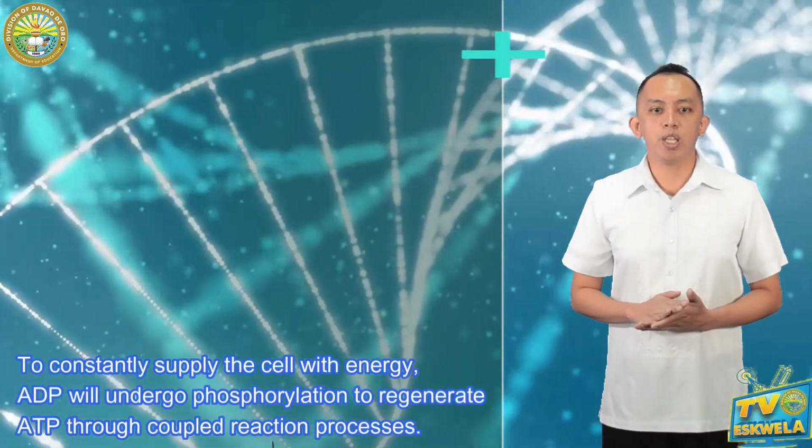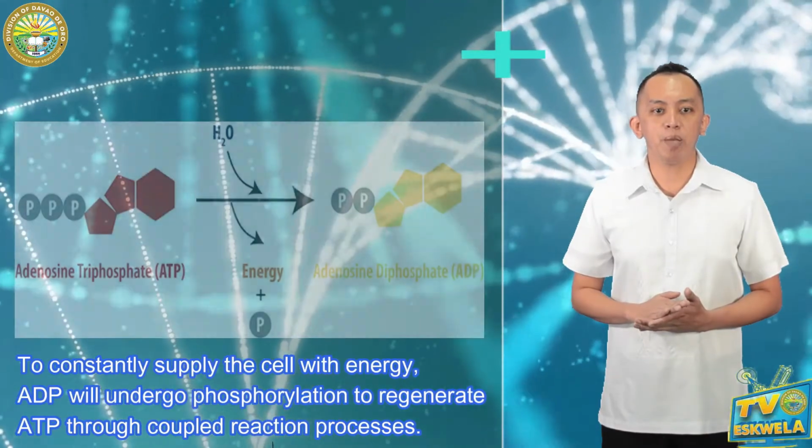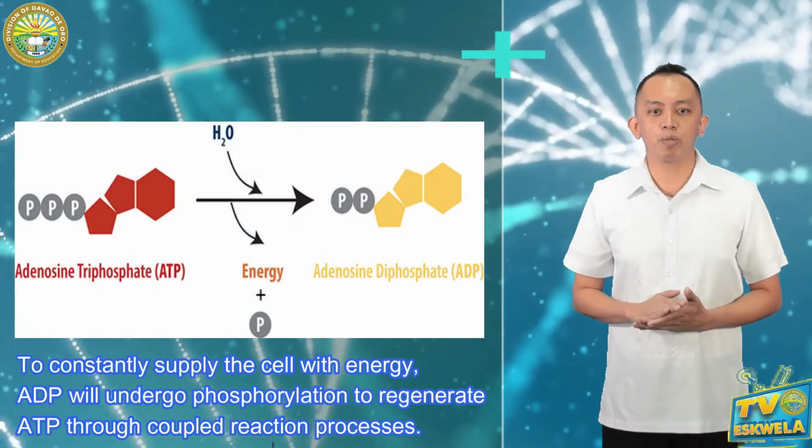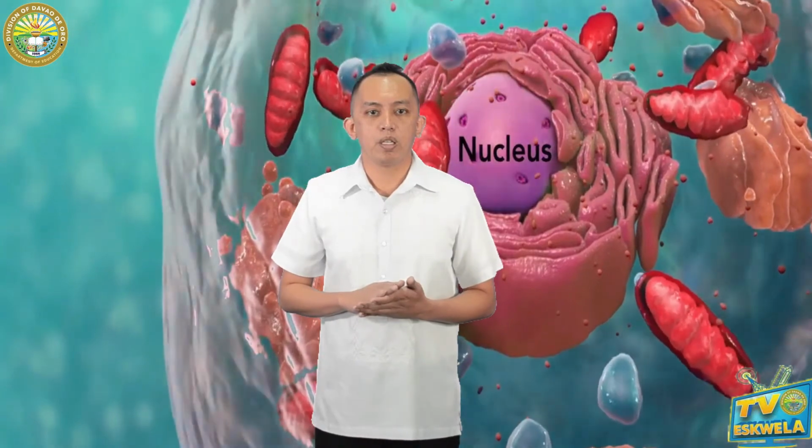To constantly supply the cell with energy, ADP will undergo phosphorylation to regenerate ATP through the coupled reaction processes. That sums up our discussion on how cells can derive energy from ATP and the role of ATP in energy coupling and transfer.